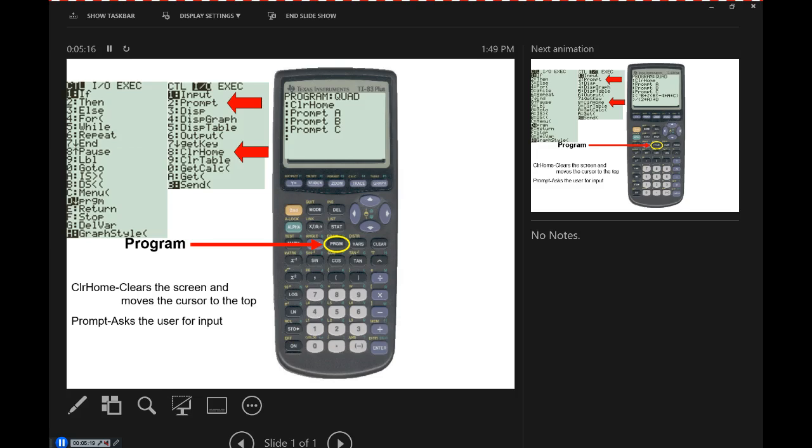Marshall, what's up? You have a different calculator. Yeah, I'm not positive where these commands are located on the TI-89. So, Marshall, at least for right now, my best suggestion to you would be to go to YouTube and type in programming quadratic formula on TI-89 and press enter and see what you get.